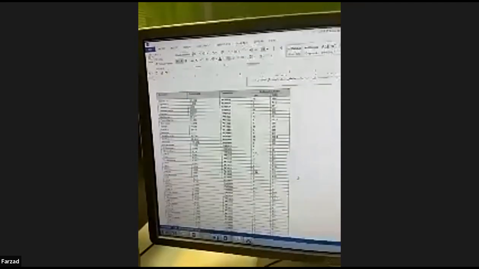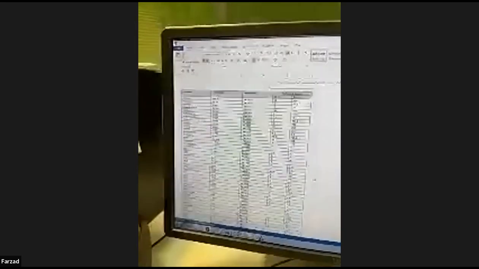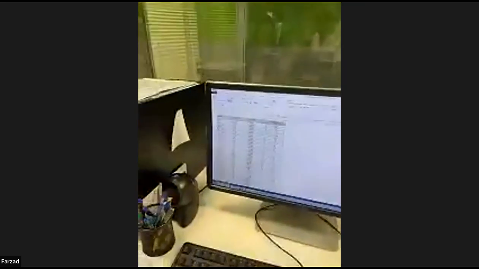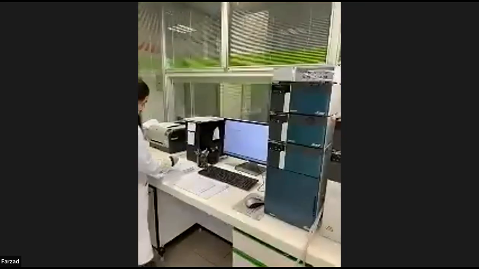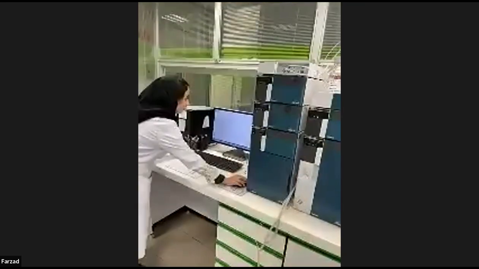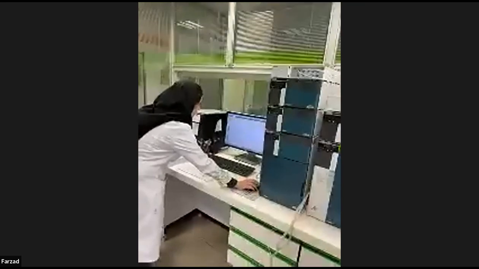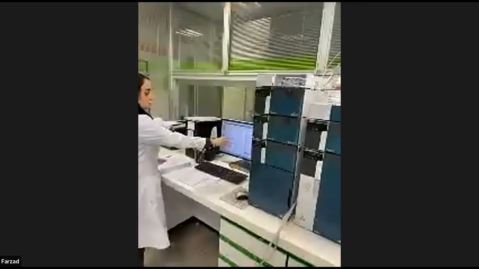Then it compares the concentration of each biomarker with the labeled biomarker, and if the concentration of the natural biomarker has exceeded the intensity of the labeled biomarker, it gives us a warning as too high concentration. By looking at the report, we'll be able to pick up the pathological cases, which is shown here.